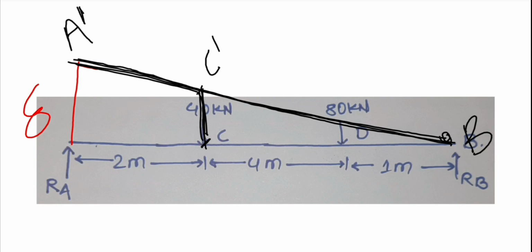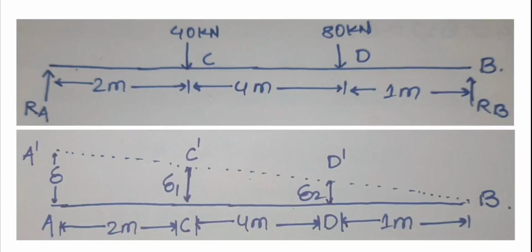At C, the 40 kN force is acting perpendicularly downward, we know that. And let the displacement here be delta 1. And this point is D, so let this point be D dash and the displacement here be delta 2. Okay, see here, I have drawn delta, delta 1, delta 2.